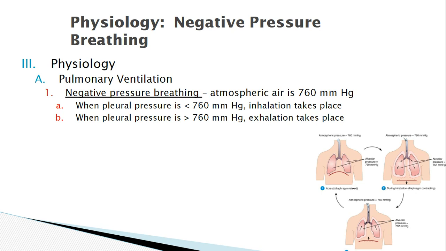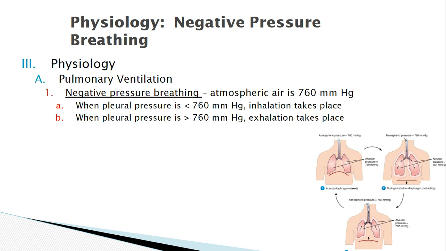So basically, what you do is you change the size of your chest cavity or thoracic cavity to adjust its pressure. Because if you remember from chemistry, volume, pressure, and temperature are all related to each other through the gas laws. So if we increase the volume of our chest, we're going to drop the pressure.